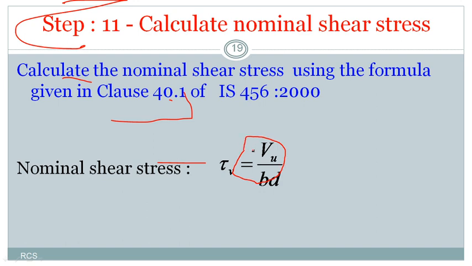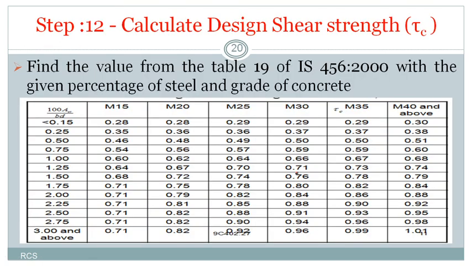Here Vu is Vux, the maximum factored shear force along the x direction. That value I can consider, and b is 1 meter width of the slab and d is the effective depth of the slab. If you substitute those values, we will get the nominal shear stress.